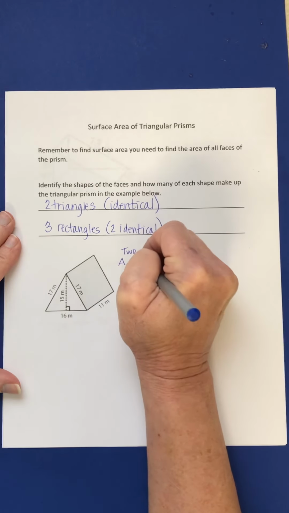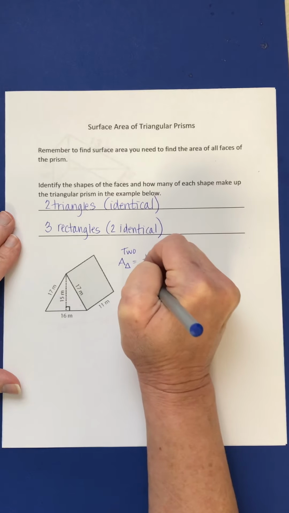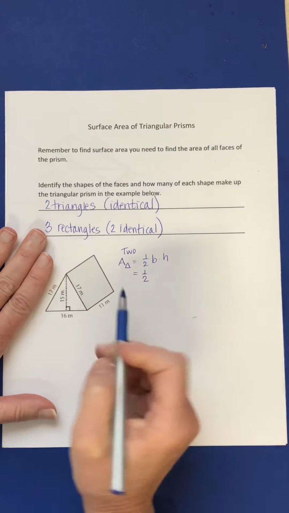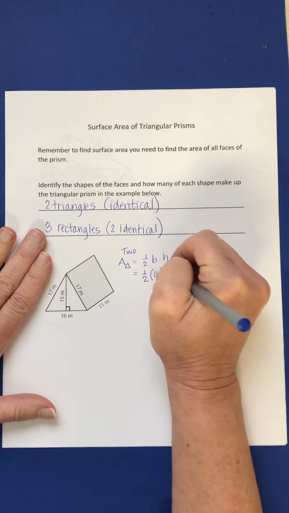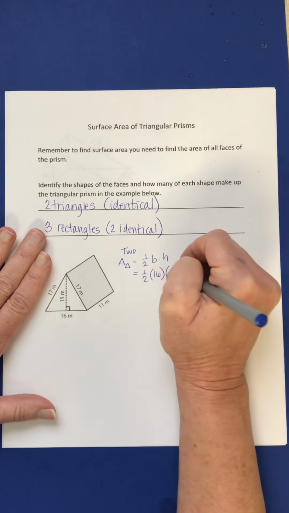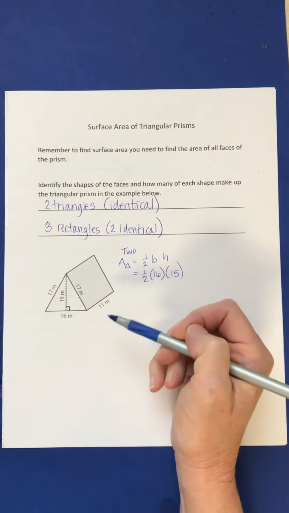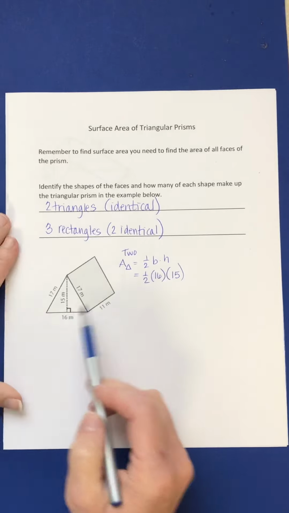So I have 1/2 the base times the height, and we're just looking at that triangle right there. The base of the triangle is the 16. The height of the triangle is this 15. Don't confuse it with the base of your prism or anything else. You're just looking at the triangle there.